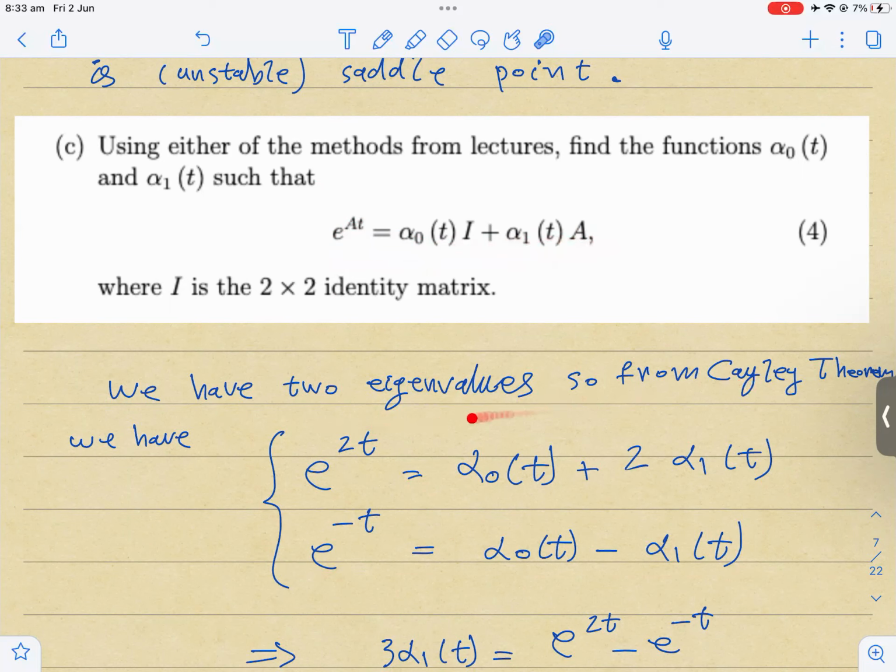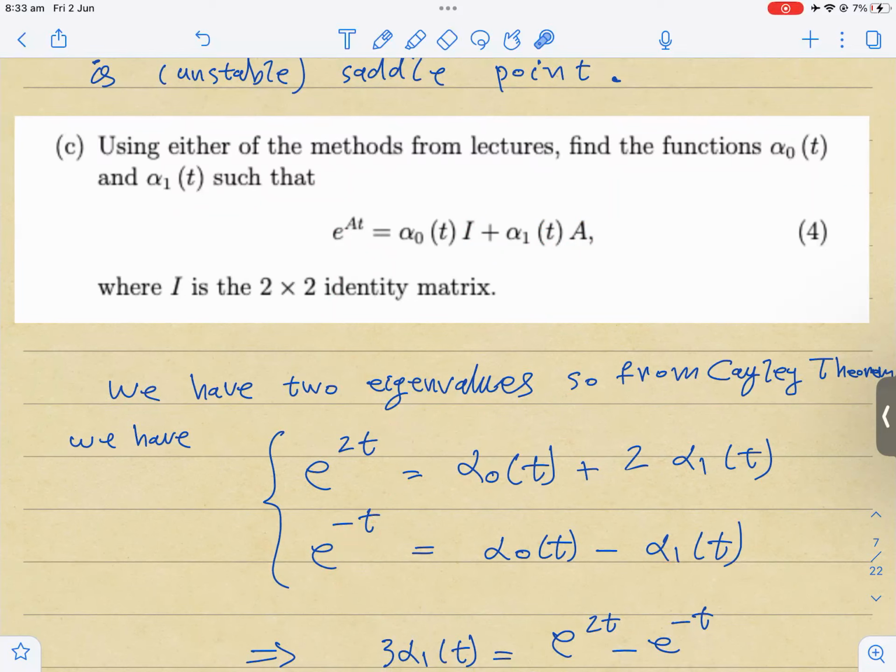We had two eigenvalues, 2 and -1. So e to the 2t equals alpha 0 times 1 plus alpha 1 times 2, and the same thing happens for e to the minus t.